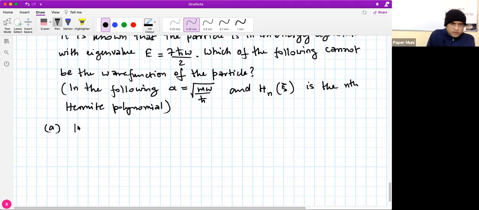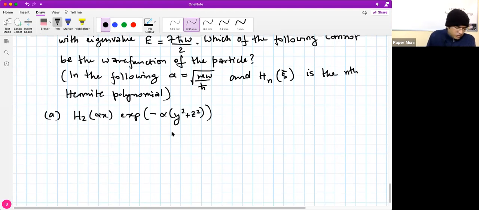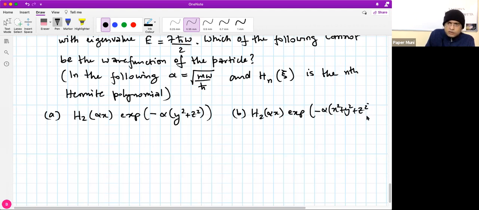So we have this first option, which is H2 of alpha x, exponential of minus alpha times x square plus y square plus z square. This is the first option given to you. Now the next option is H2 of alpha x, exponential of minus alpha times x square plus y square plus z square.